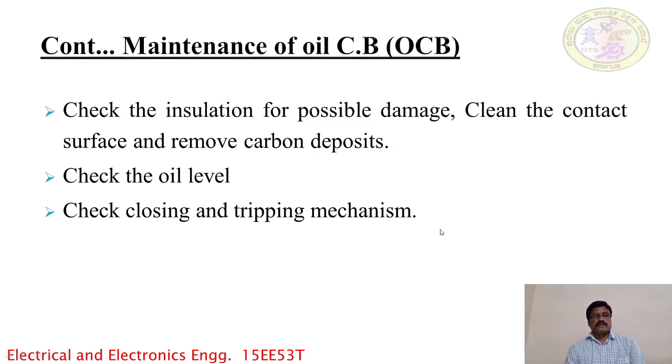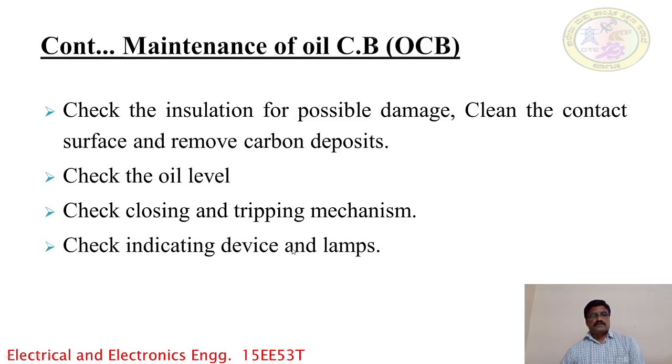Hence, every time check the closing of the contacts, that is the moving and fixed contact, and also the trip mechanism. Next, check the indicating device and lamps. Whether the oil level is adequate or low is indicated by some indicating device or lamp. So check the indicating device and lamps.